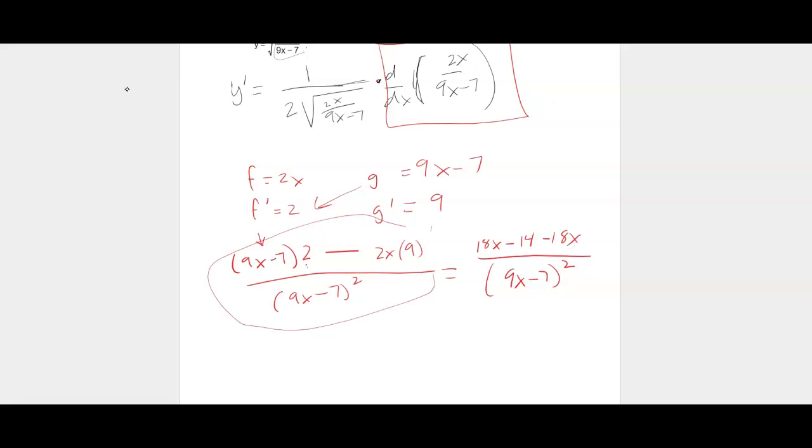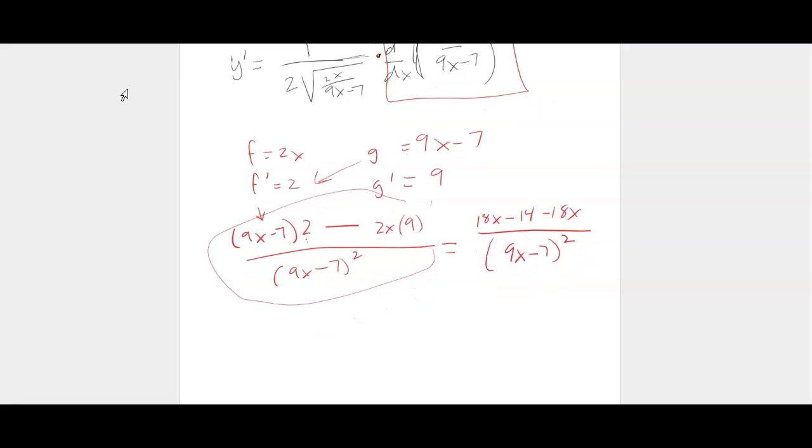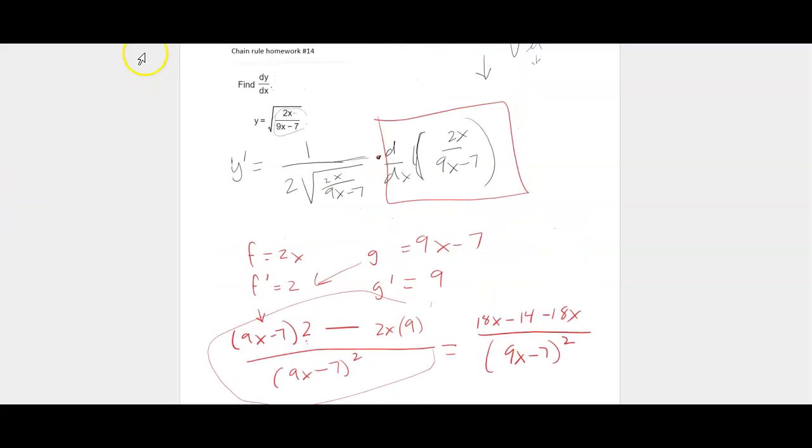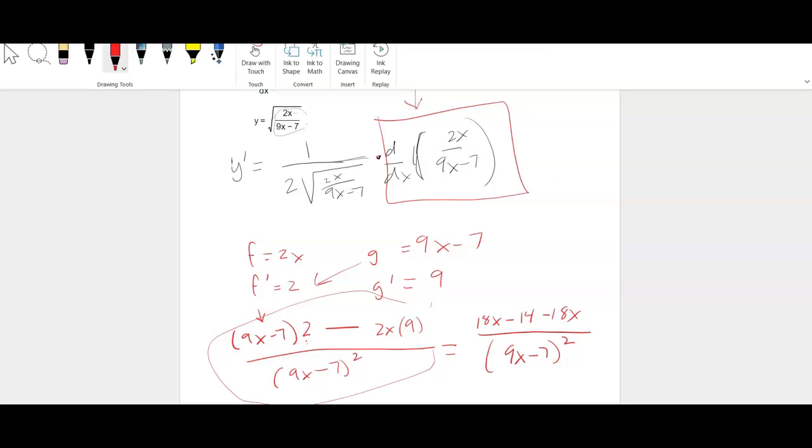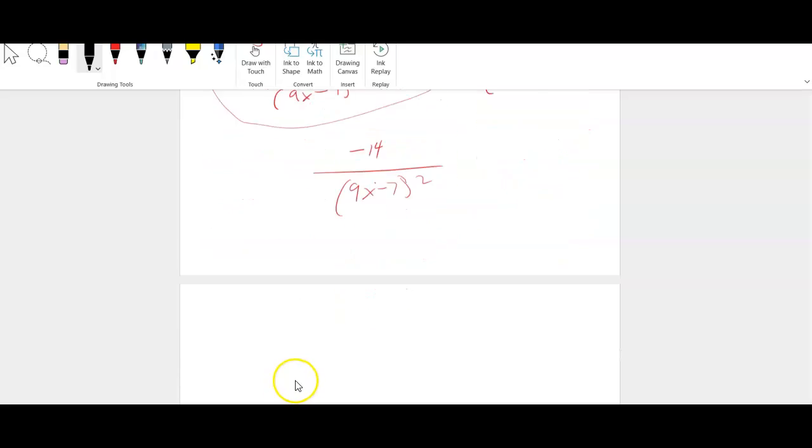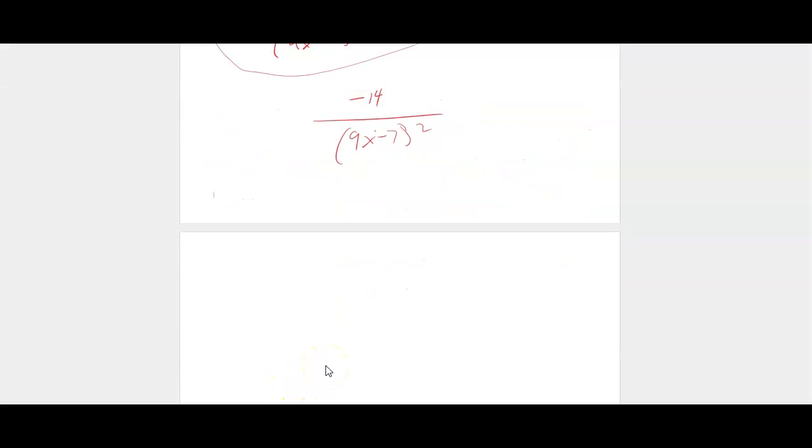And that's going to leave me with this red part, which is negative 14 over 9x minus 7 squared. Well, where does that red part go? That red part goes in the place of this red box here. So when I do the whole thing, I get y prime.